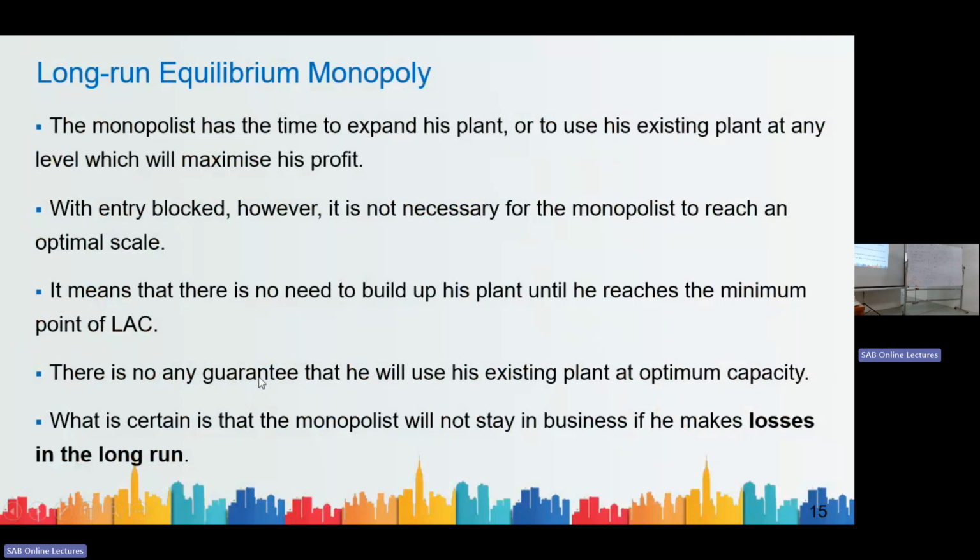With entry block, however, it is not necessary for the monopolist to reach an optimal scale. The optimal scale exists at the minimum point on the long run average cost curve.